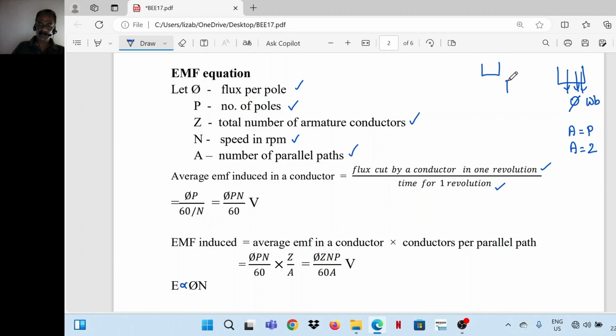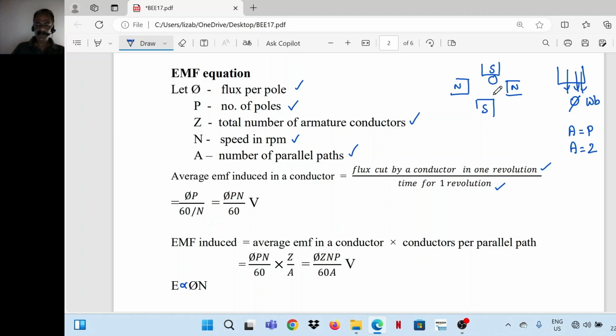Let's assume a 4-pole machine. The poles are north, south, like that it is arranged. One conductor. So the flux cut by a conductor in one revolution is, in one revolution, the conductor is moving under the influence of 4 poles and the flux per pole is phi.